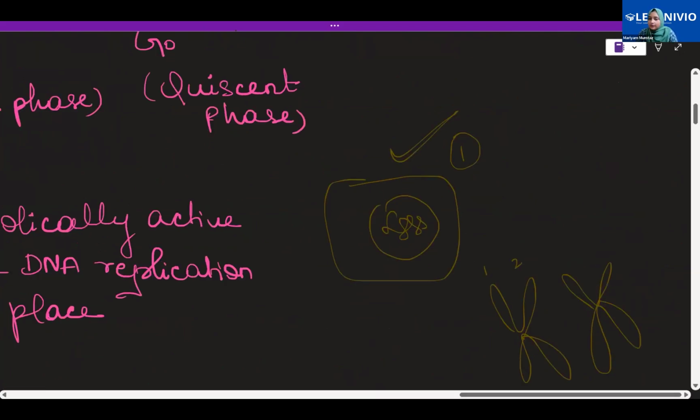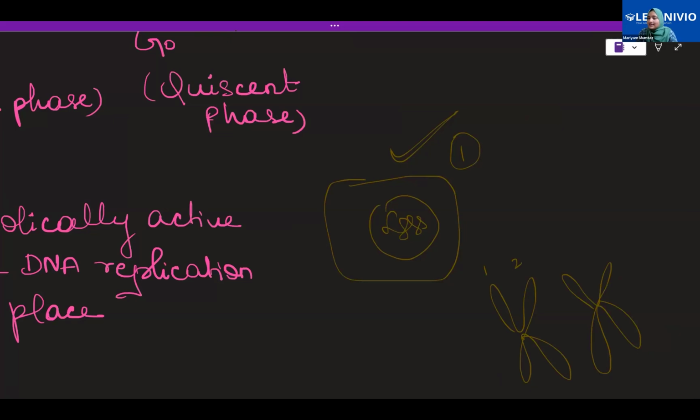So 1 and 2 are sister chromatids, whereas 3 and 4 are non-sister chromatids. Sister chromatids are together, non-sister chromatids are not together. Clear?